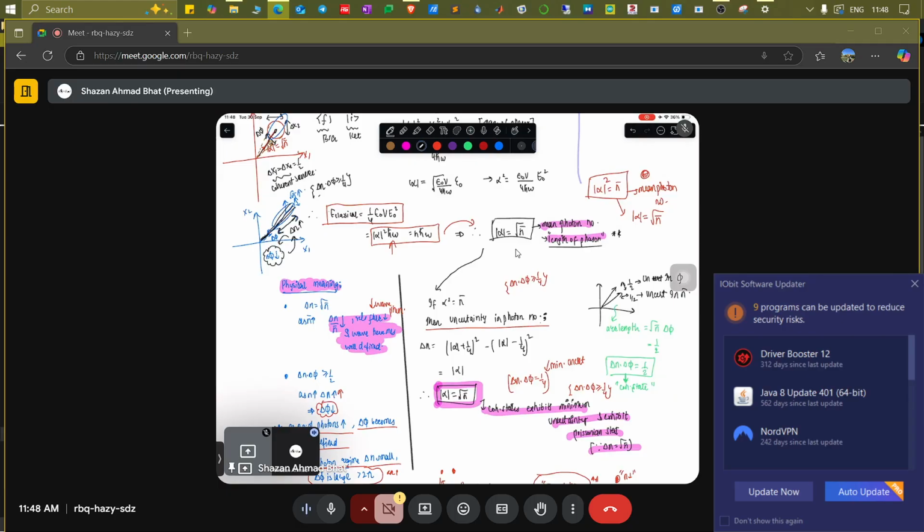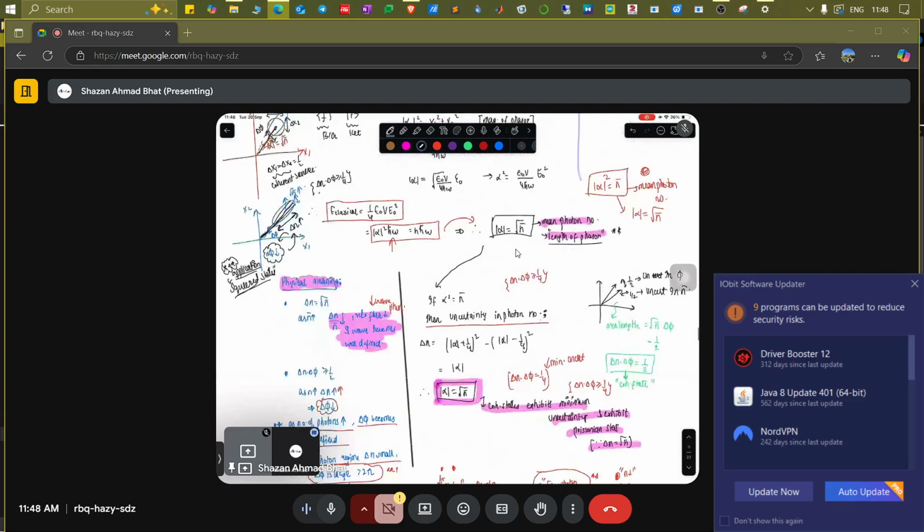And the application of these squeezed states is what the professor has talked about in the application of squeezed states part. I'm not going to go into that discussion. Maybe we can discuss it in the last session in week 12. But that is what is discussed in these particular topics.